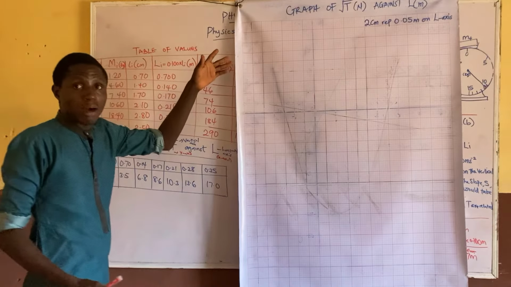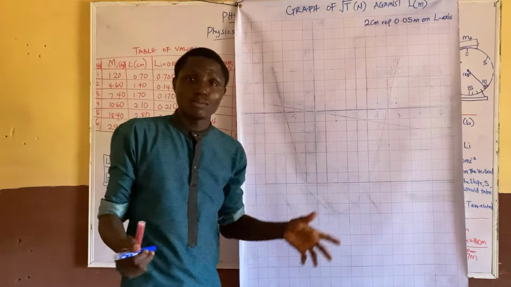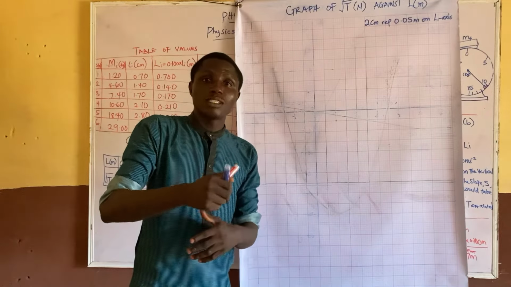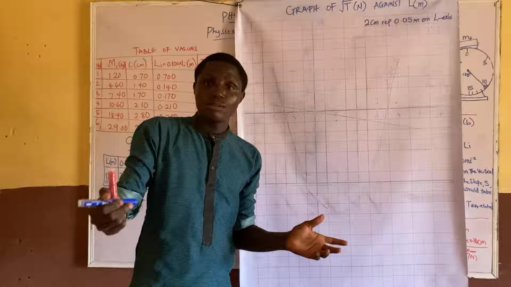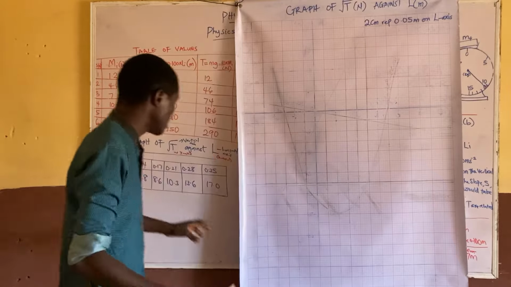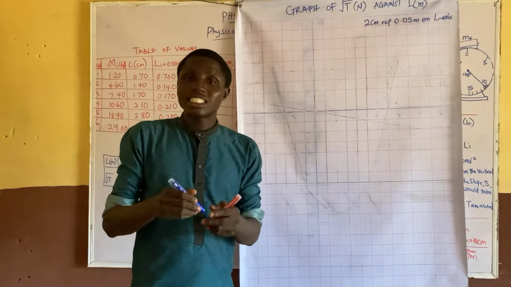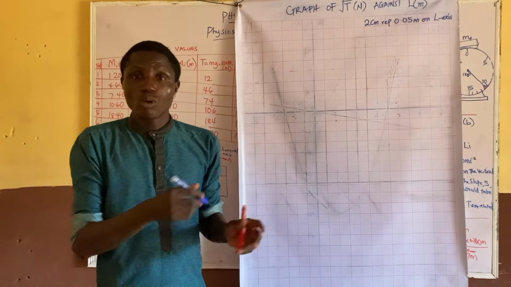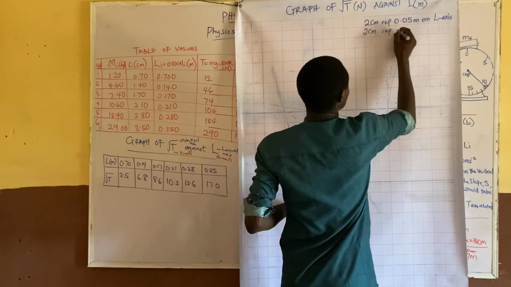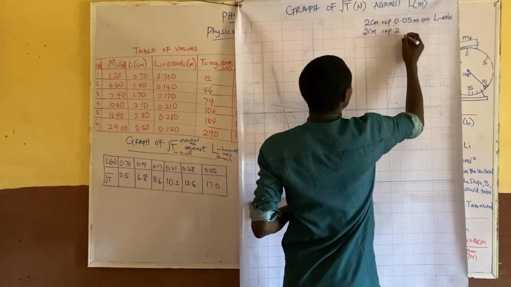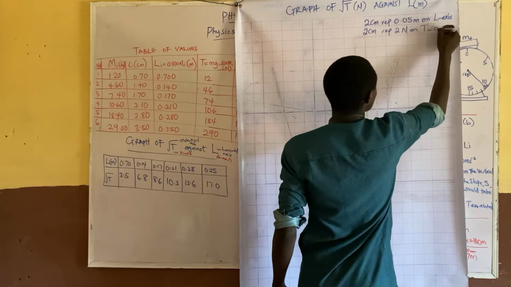I have up to 10 2 centimeter boxes here. If I multiply 10 boxes by 2 units, I'm going to have 20, and my highest value is 17. So 2 centimeter represents 2 units for the y-axis. So 2 centimeter represents 2 Newton on the tension axis.